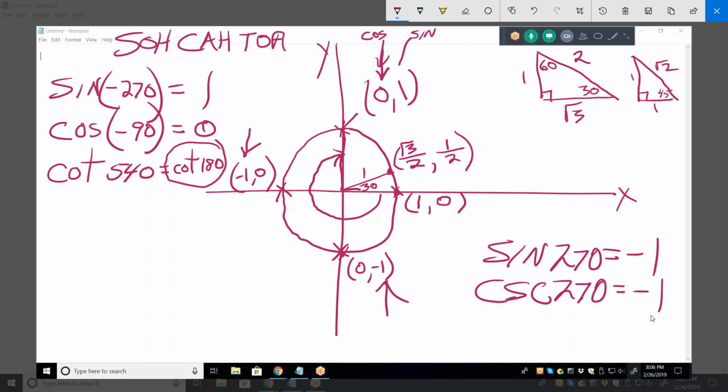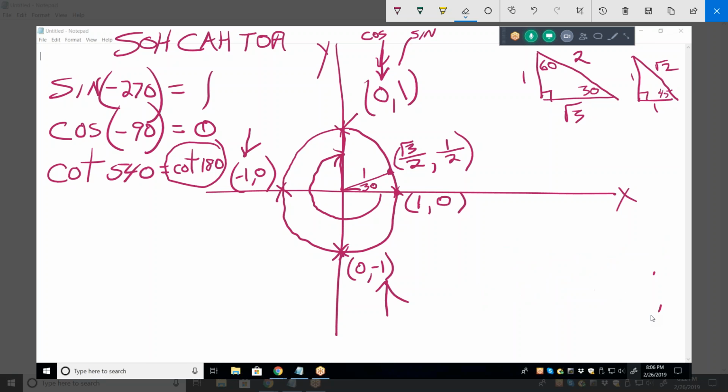So now we need to figure out the cotangent of 180. Cotangent, what's the identity for it? Tangent is sine over cosine, so cotangent is the reciprocal of tangent. You need some identities.